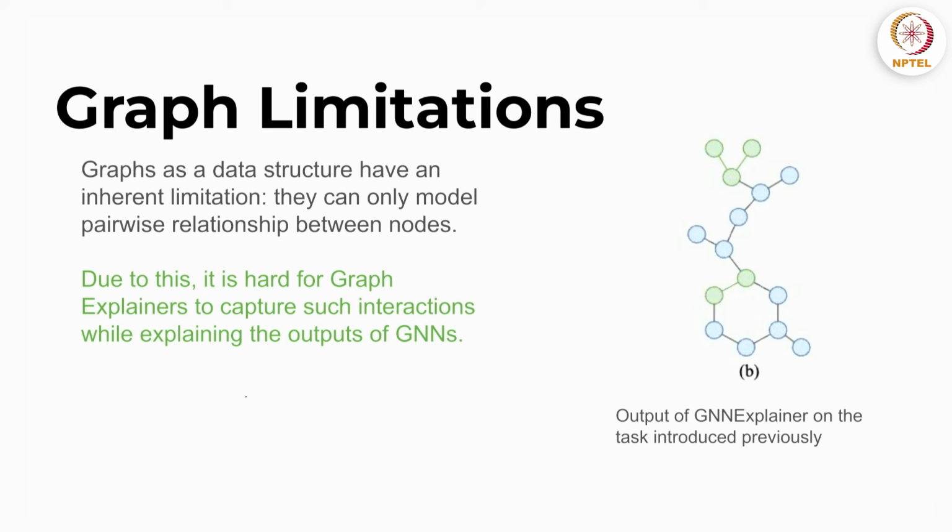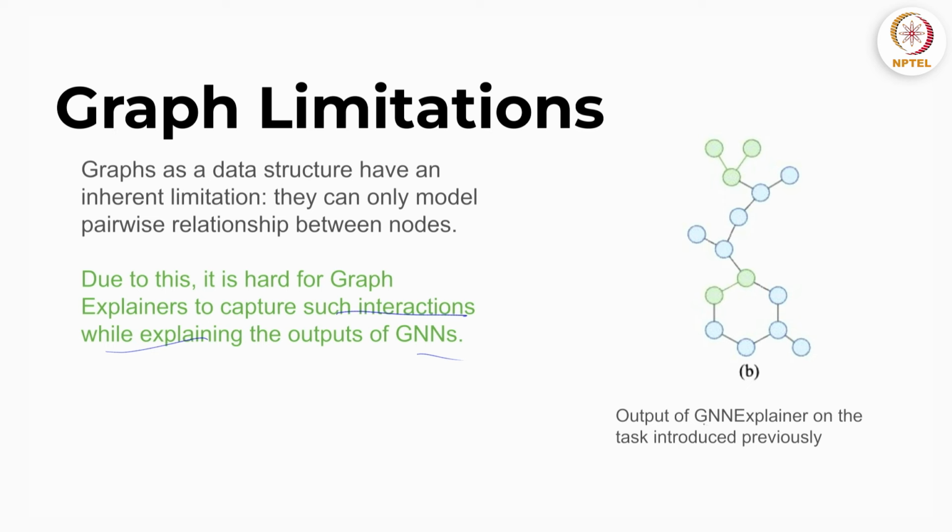So as I said, it is hard for graph explainers to capture such interactions. If GNNs themselves are unable to model these higher order interactions, it will be much harder for explainers working on the outputs of the GNN to capture the interactions as the explanation.